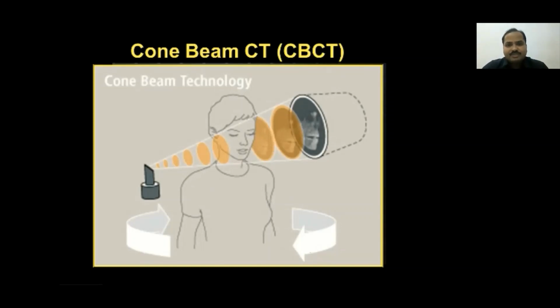As the name suggests, the cone beam technology utilizes the beam in the form of a cone. In computer tomography, usually the beam is either in the form of a pencil or in the form of a fan. It is never a three-dimensional beam. Cone beam means that the beam is in the form of a cone, which is itself covering a three-dimensional area.